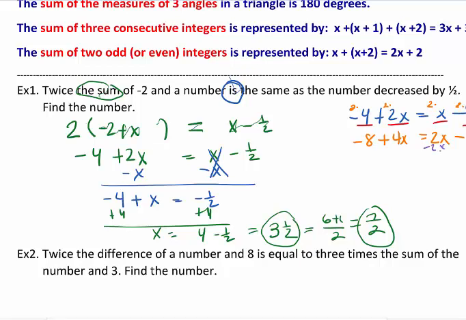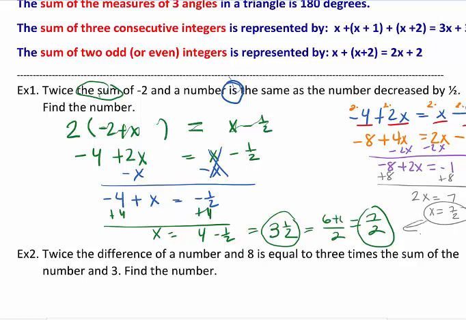I would subtract 2x from both sides. Be careful with your signs. Add 8 to both sides. You would get 2x equals 7, and we get 7/2, which is the same answer. So some of you are better clearing it at the beginning. Some of you are okay with keeping it. Just be careful. Don't convert to decimals. Usually it will tell you if they want a decimal answer or if they want a fraction answer in the parentheses.